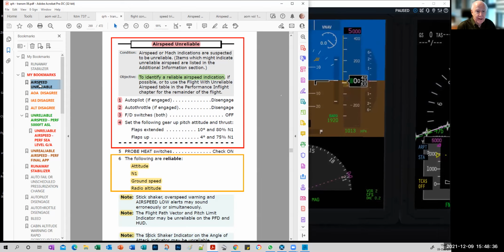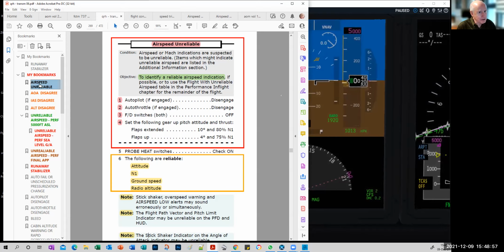Now remember, pilot flying disengages the autopilot, therefore he or she is in manual flight. So after the auto throttles are disengaged, both of those functions, 1 and 2, are done together.